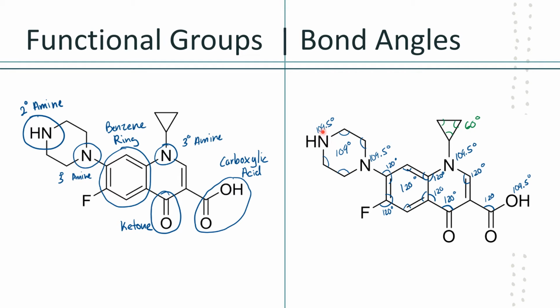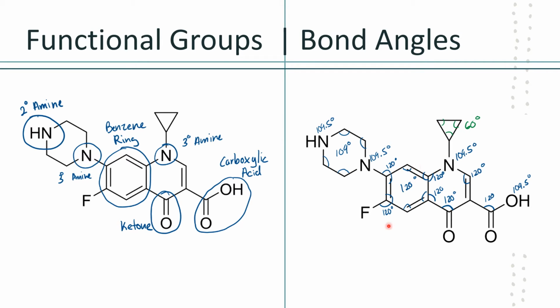Here on this nitrogen, between the hydrogen and its bonds with the carbon, it's 109.5, as also observed in this nitrogen over here and the nitrogen over here. The cyclopropane has bond angles of 60 degrees.